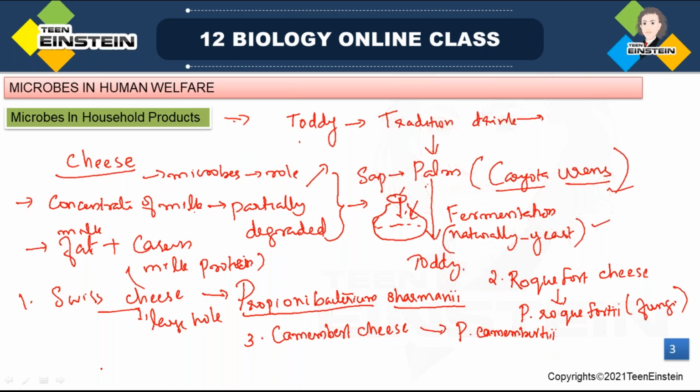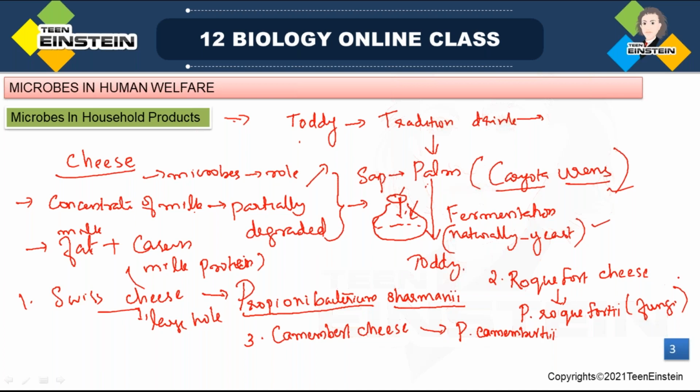Then Roquefort cheese and Camembert cheese, both are made with the help of Penicillium species. So that is a fungus. The fungus is helping in the ripening of Roquefort cheese and Camembert cheese.